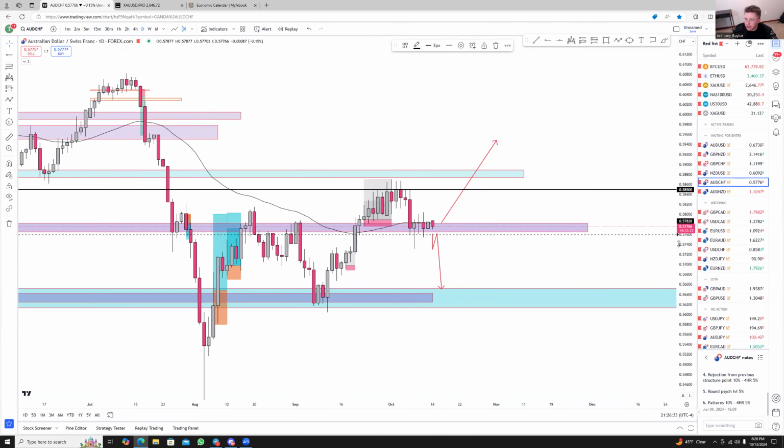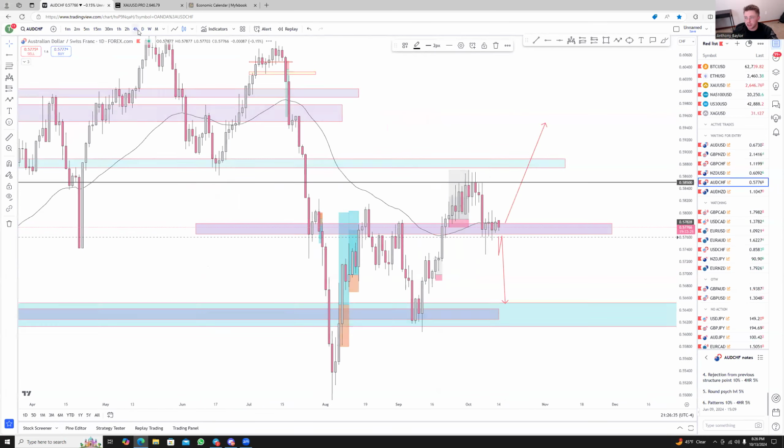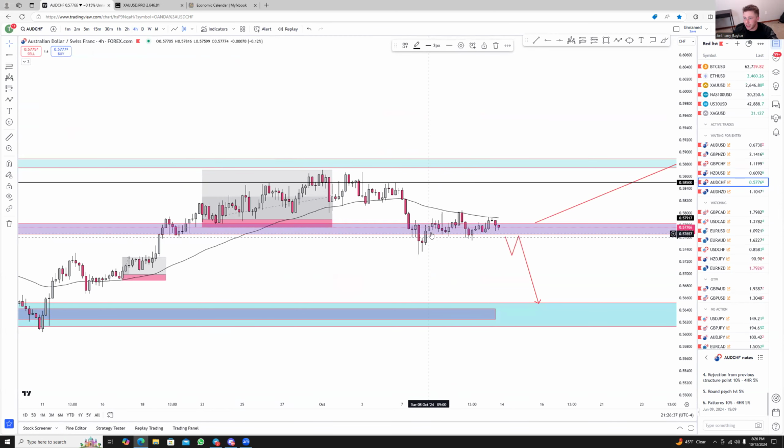So what I'm waiting for on this one, our daily is bullish and our 4-hour is bullish. What? No, it's bearish. See, higher high, higher low, lower low, lower high, shift in structure, bullish, higher high, higher low, shift in structure, lower low, lower high.